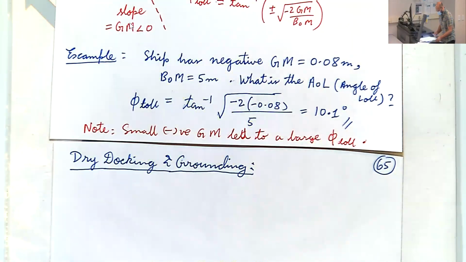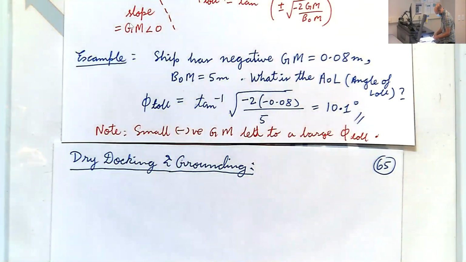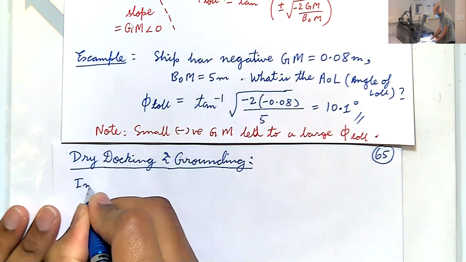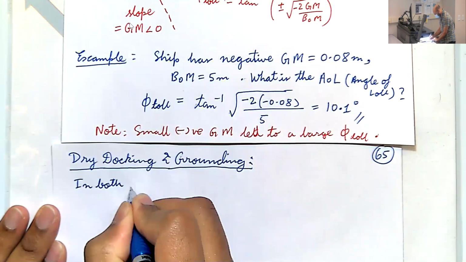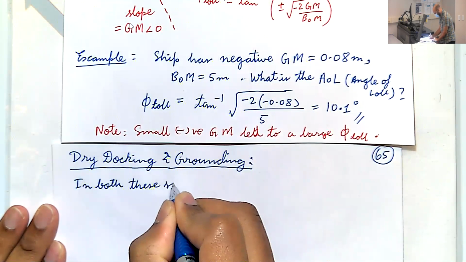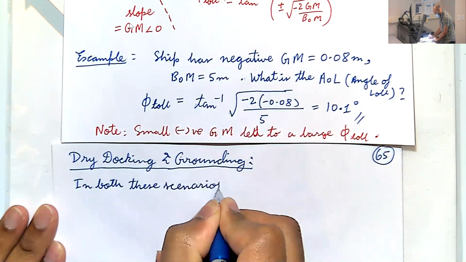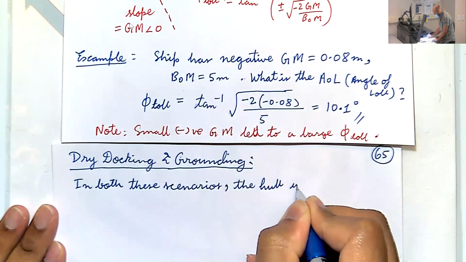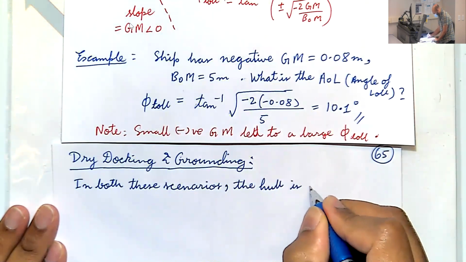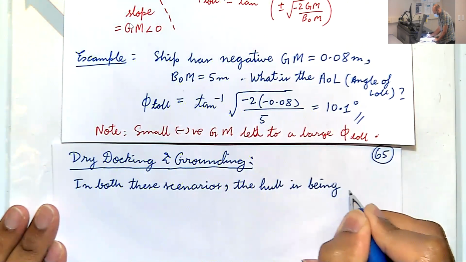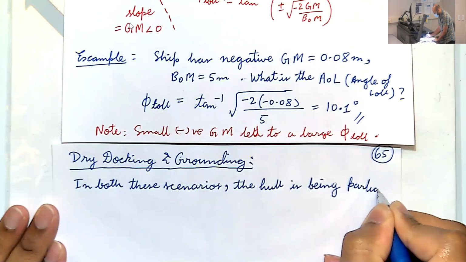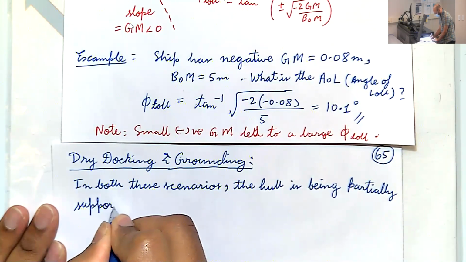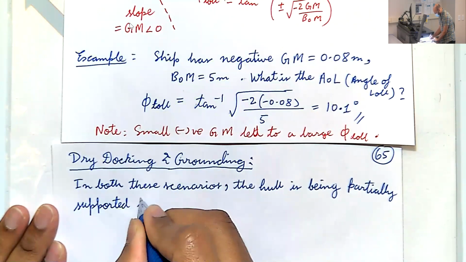All right. So in both these scenarios, the hull is partially supported by an obstacle.